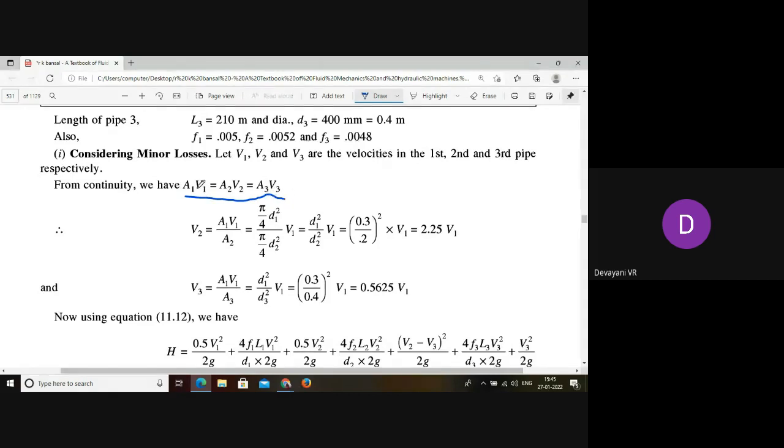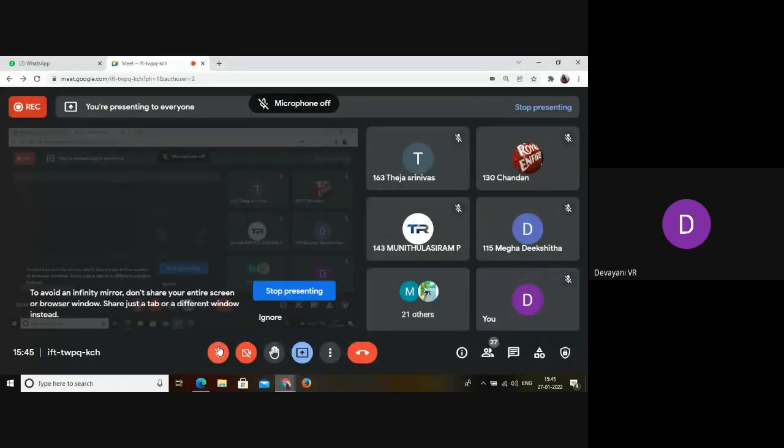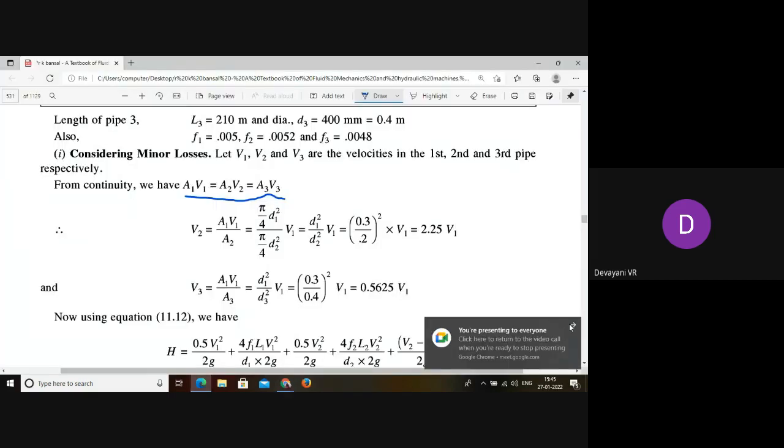Now let's calculate the velocities. Sorry for the inconvenience. Using this continuity equation, we can calculate the velocities.